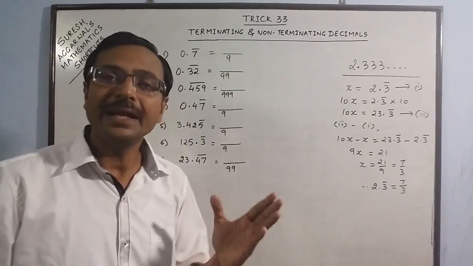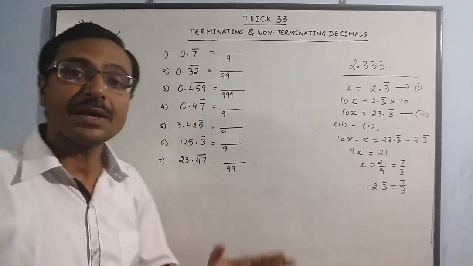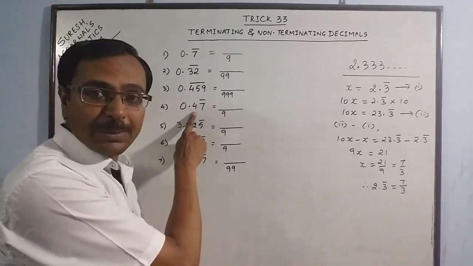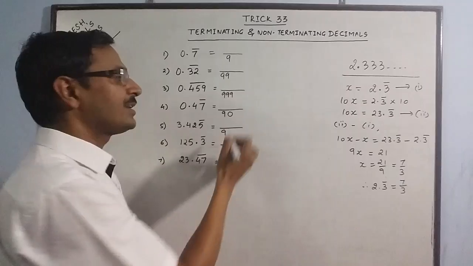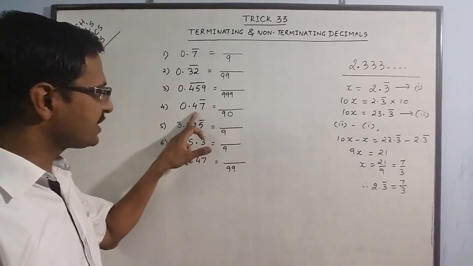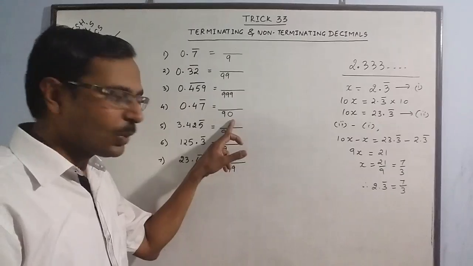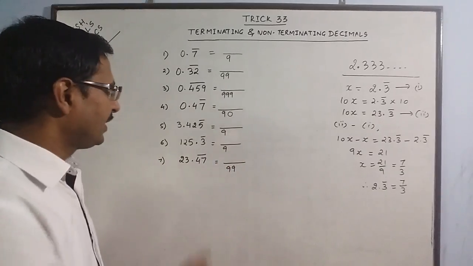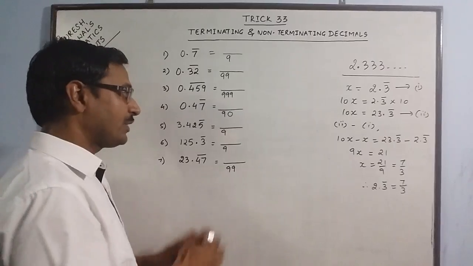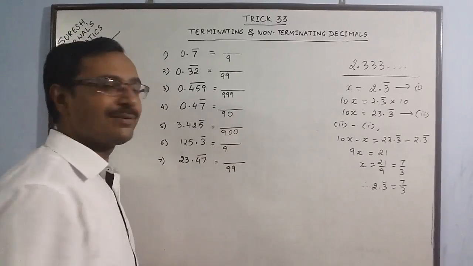If there are any digits after the decimal which are not repeating, the number of digits which are not repeating is equal to the number of zeros in the denominator. This is the second rule. So one digit which is not repeating gives one 0 in the denominator. Here we have two digits, 4 and 2, which are not repeating, so we have 2 zeros in the denominator.